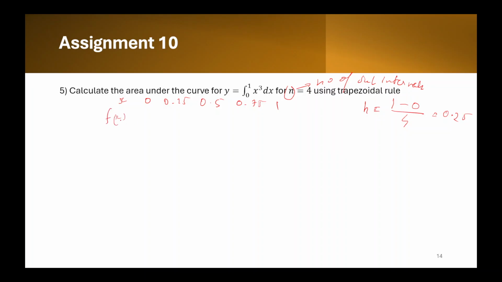Now fx at these points will be 0. X cube of 0 is 0 only. Then fx at 0.25 will be 0.25 cube basically. So that is 0.015625. Then 0.5 cube will be 0.125.